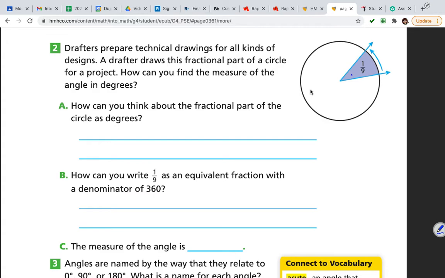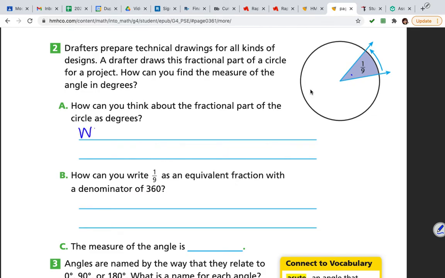So if we were looking at this and it's 1/9, it would take 9 of those pieces to fill the circle. So what could we do? We could write an equivalent fraction to find the number of degrees out of 360 that is equivalent to 1/9.